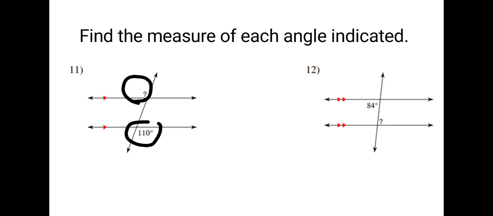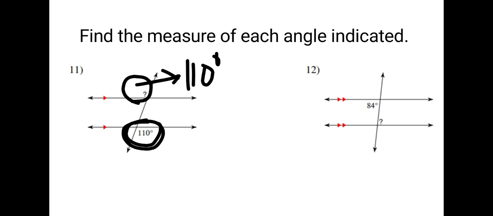One is on the left side, the other is on the right side. They are exterior, outside the parallel lines. So alternate exterior angles. And since there is the word alternate, they are congruent, right? So if this angle is 110 degrees, therefore this one is also 110 degrees.